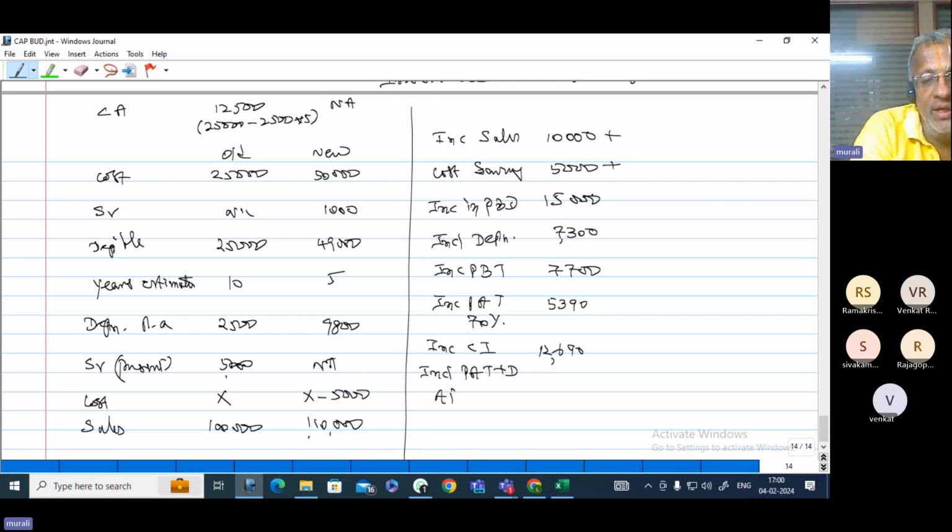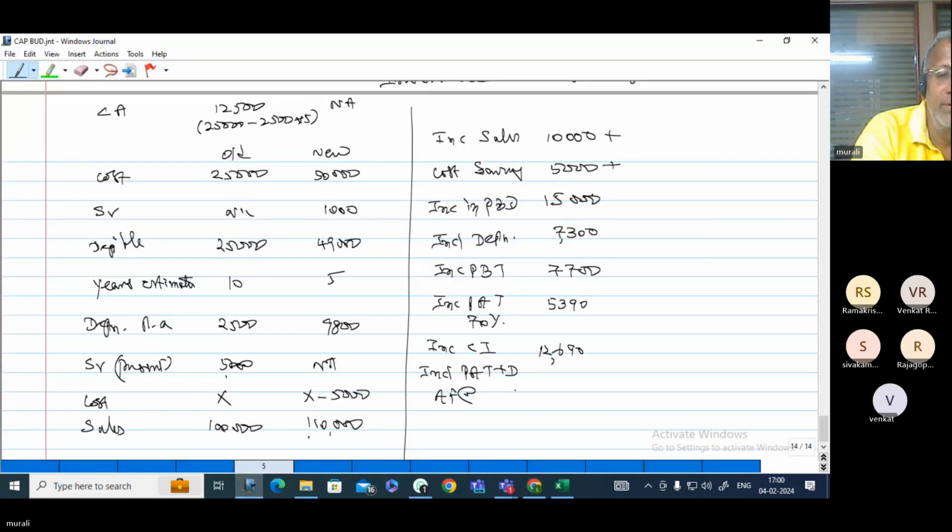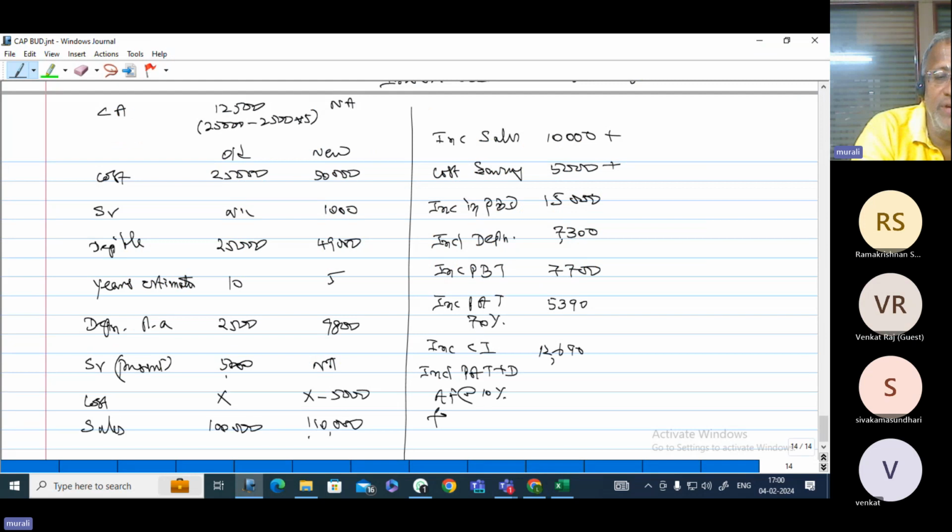So annuity factor at the rate of 10% for 5 years. 3 point something you will be getting. Please just check up. 3.7908.